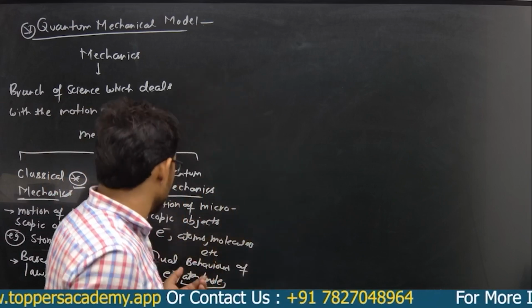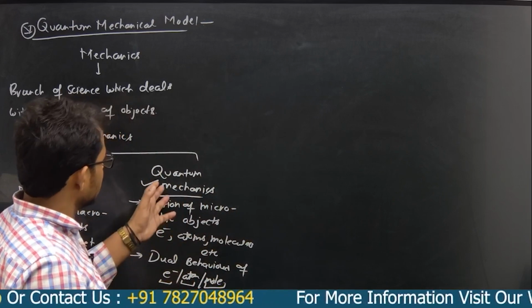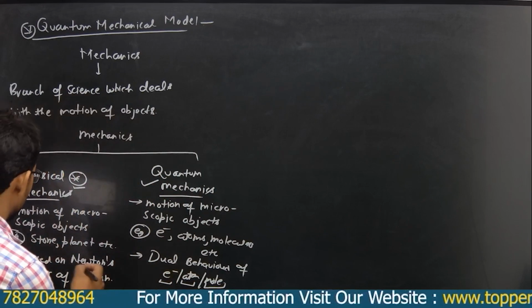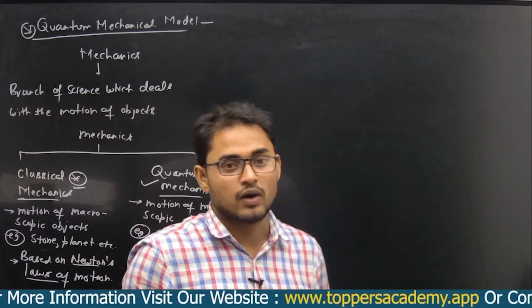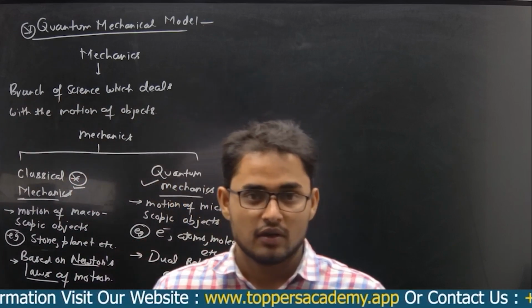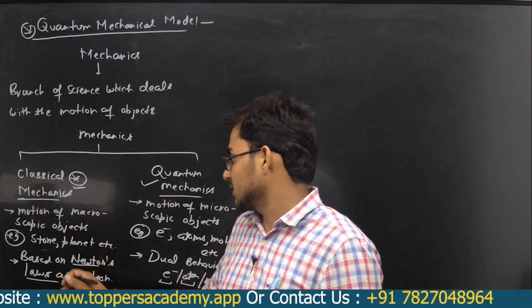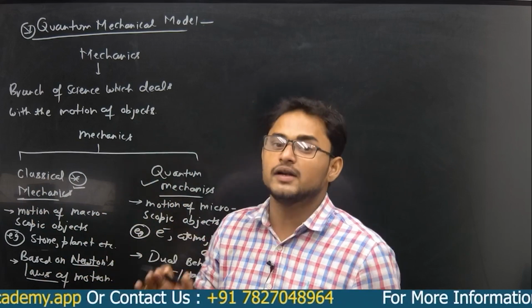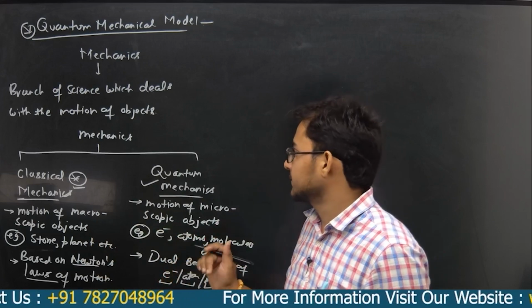That's why we discussed the dual behavior of matter, because it comes under quantum mechanics. We cannot apply Newton's laws of motion here, because these small particles have high wave nature. In classical mechanics, in Newton's laws of motion, the wave nature has been neglected, but you cannot neglect it here, okay?